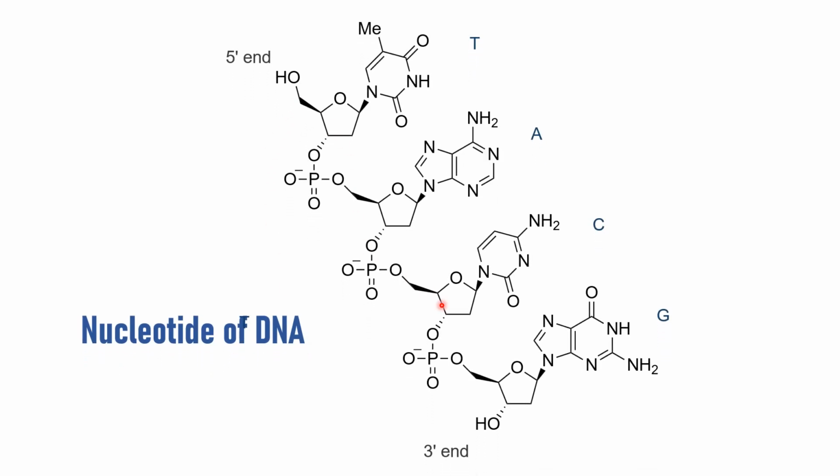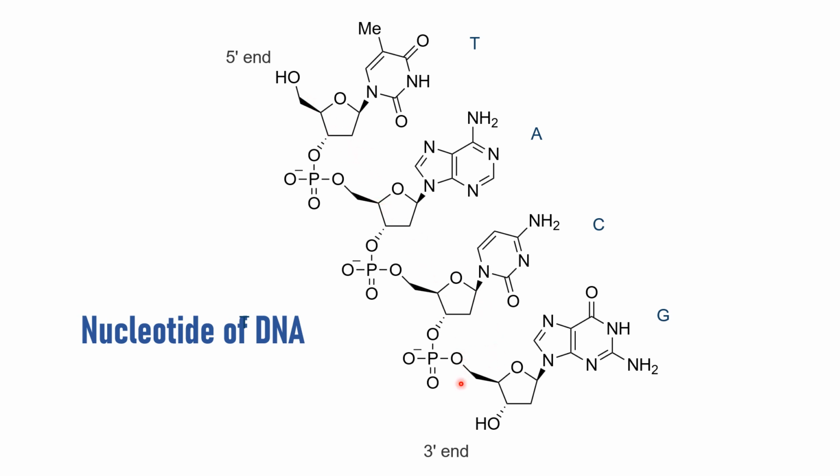So this is a simple nucleotide. So what is a nucleotide? Base, sugar and phosphate, when it is repeated n number of times, then it becomes a polynucleotide. And here because there is no oxygen, this is the nucleotide containing deoxyribose.